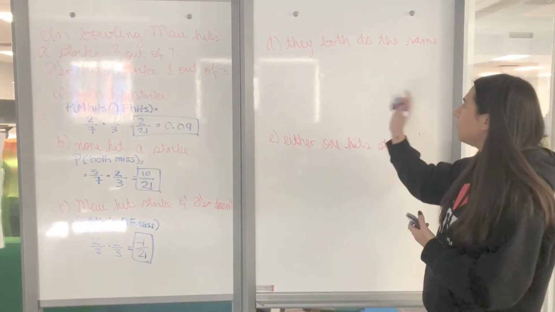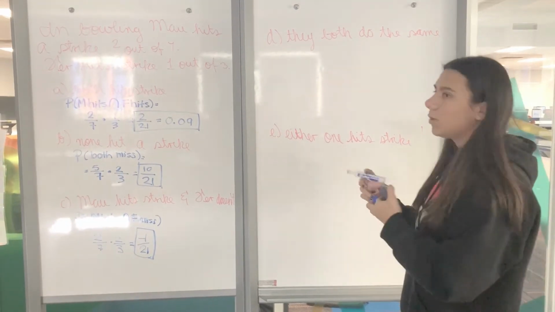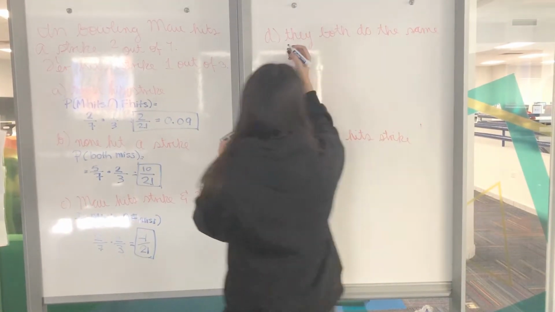In letter D, it says that they both miss. So in here we're gonna use the formula.